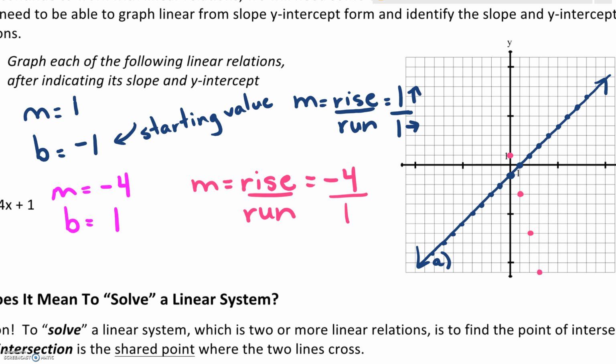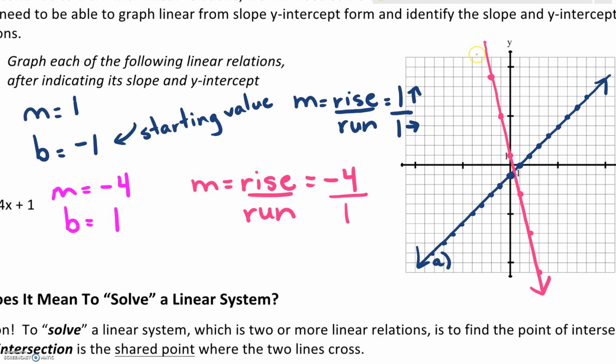And those are coordinates to the right of the starting value. Now we're going to draw some coordinates to the left. So instead of going down 4, we're going to go up 4. And instead of going to the right 1, we're going to go to the left 1. And that should create a line that is easy-ish to graph.